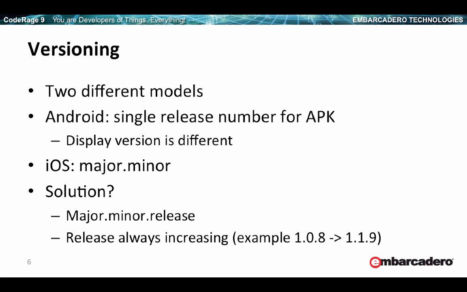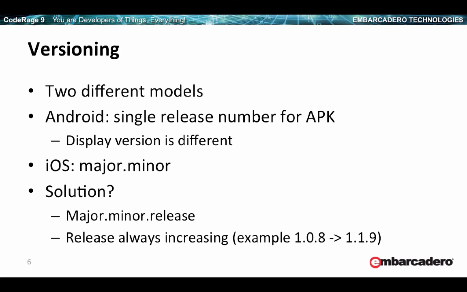On iOS, however, it's exactly the opposite. On iOS, what really matters is the major and minor version number. So 1.0, 1.1, 1.2, 2.1 follows, of course, 1.2, and so on. So the solution I found to try to bridge the two areas is to use major minor release as version number and have the major minor following a logical path.